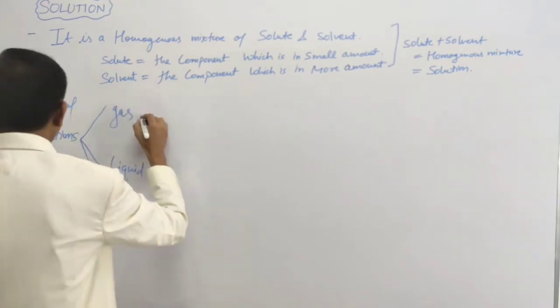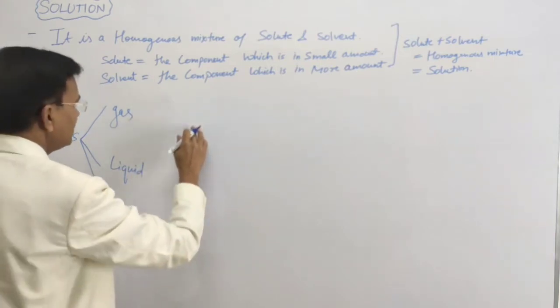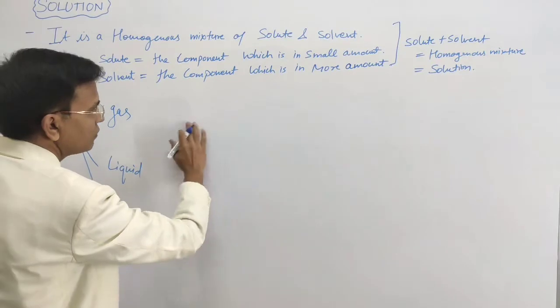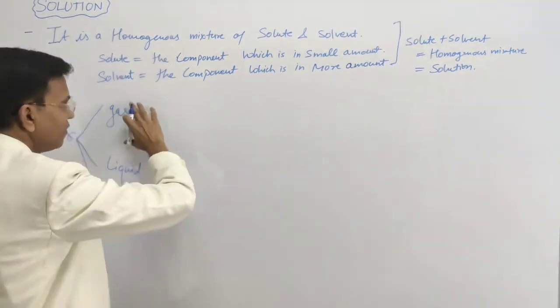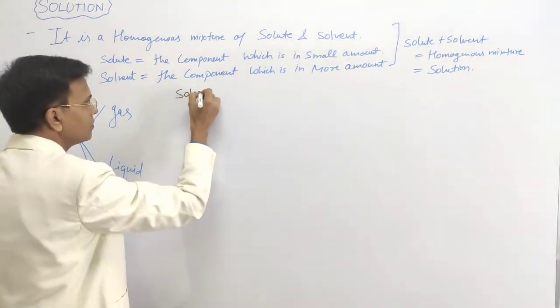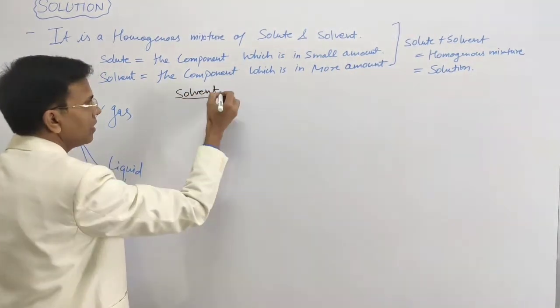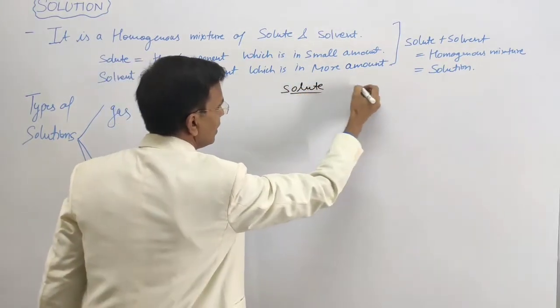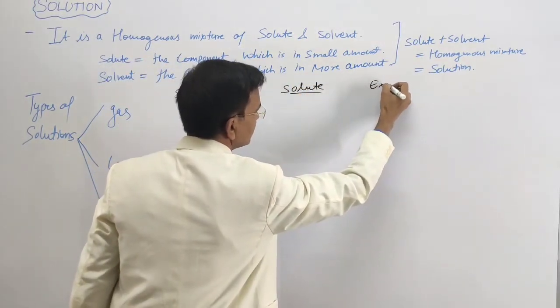In these phases, the solvent phase may be different and the solute phase may be different. So on the basis of that, let us define a chart here. I am going to take solvent and here solute and here the examples.